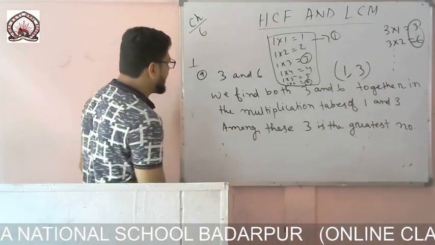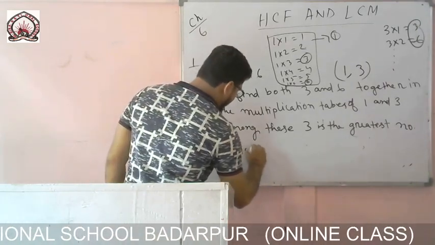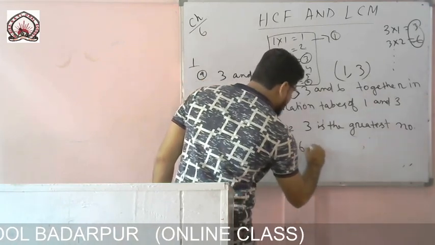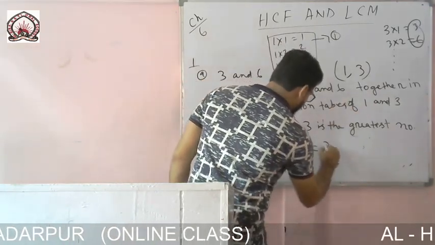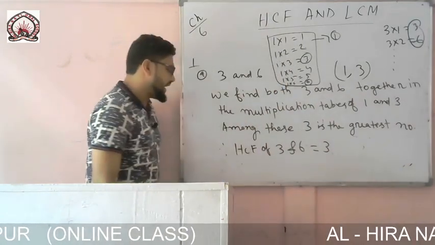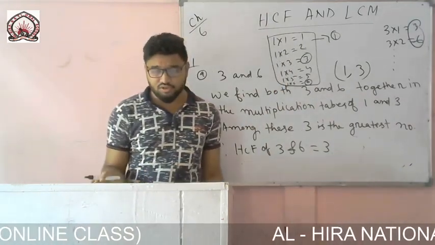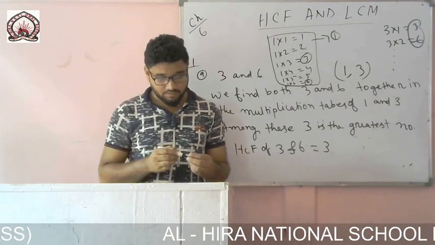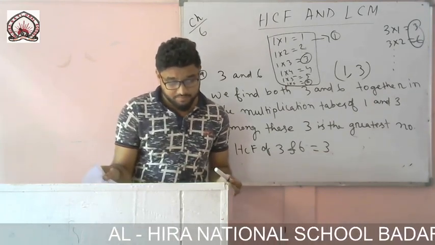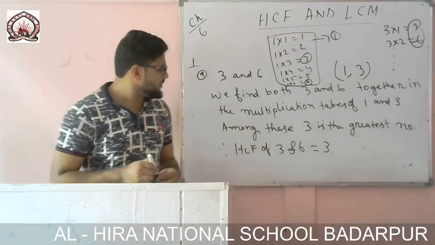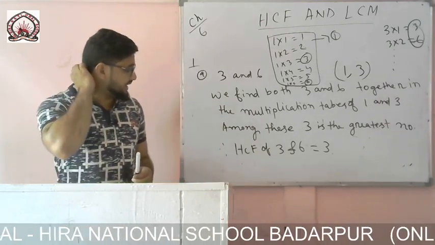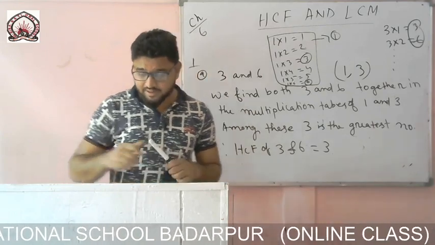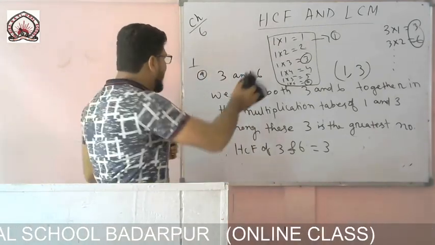Therefore, HCF of 3 and 6 equals 3. Now come to question number C. So like this you need to write.